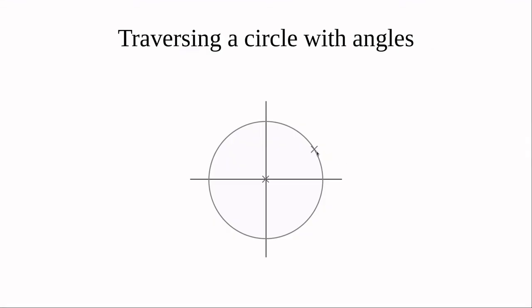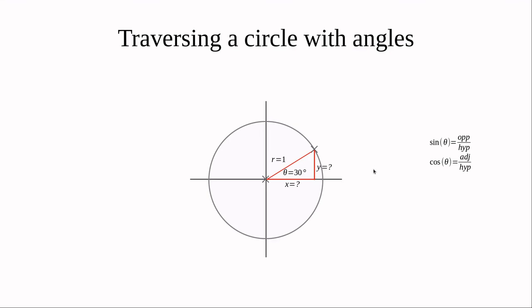Once again, let's take a point on our circle of radius 1, 30 degrees above the x-axis. We want to find out x and y. How do we do that? Well, we can form a right angle triangle and do some basic trigonometry. We know that sine theta equals opposite over hypotenuse, and cos theta is adjacent over hypotenuse.